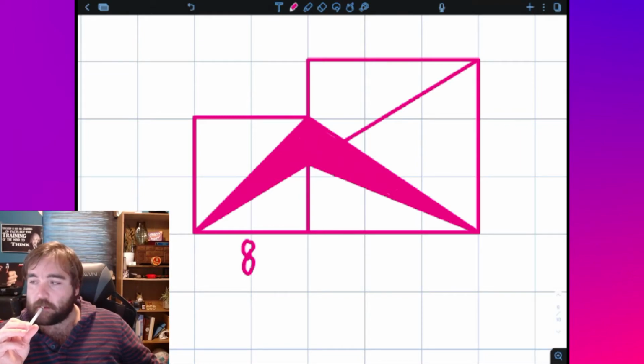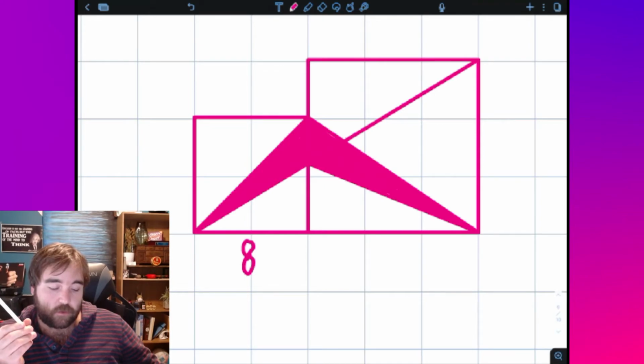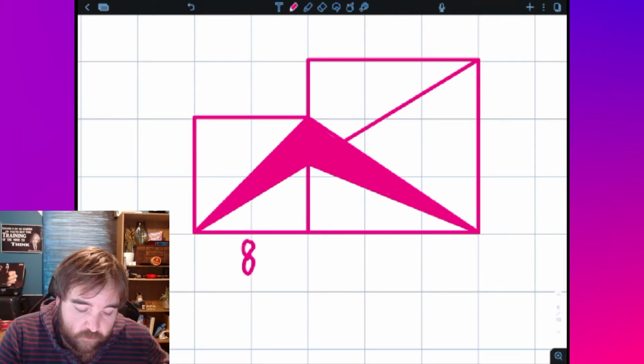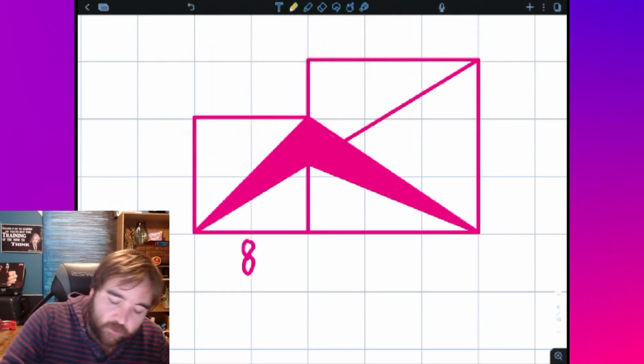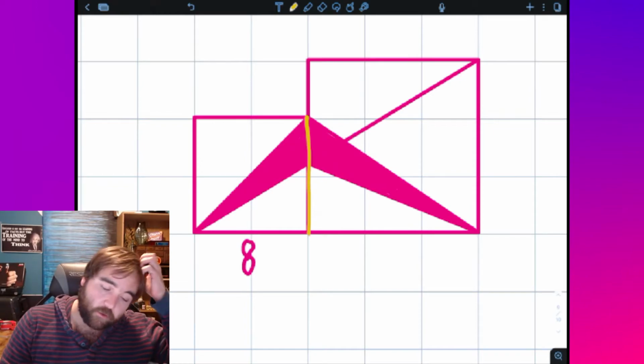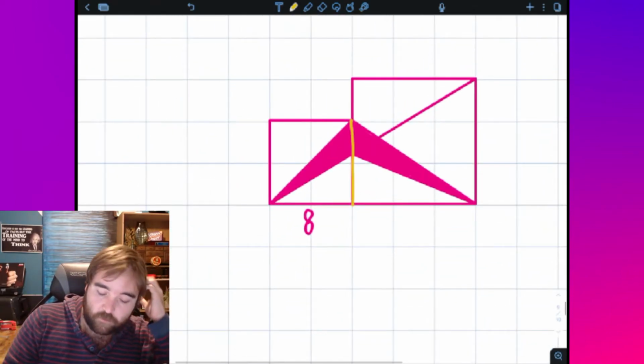Now, my first idea was to just kind of try to brute force it, to use these big triangles and subtract the little triangles. And so if I split it like this, you see I got that big triangle. It's just half.